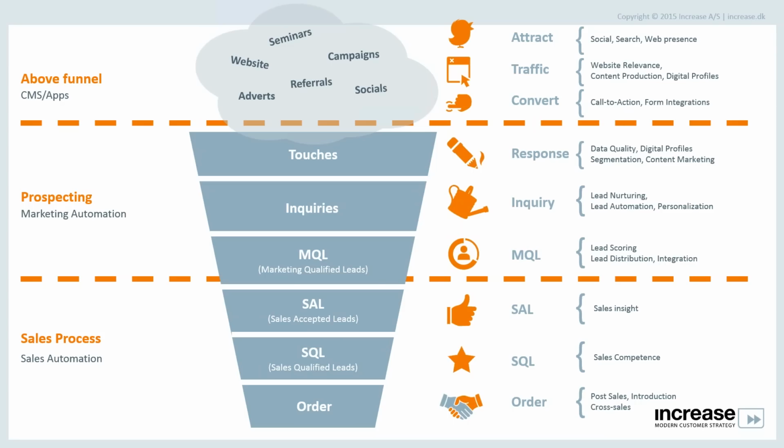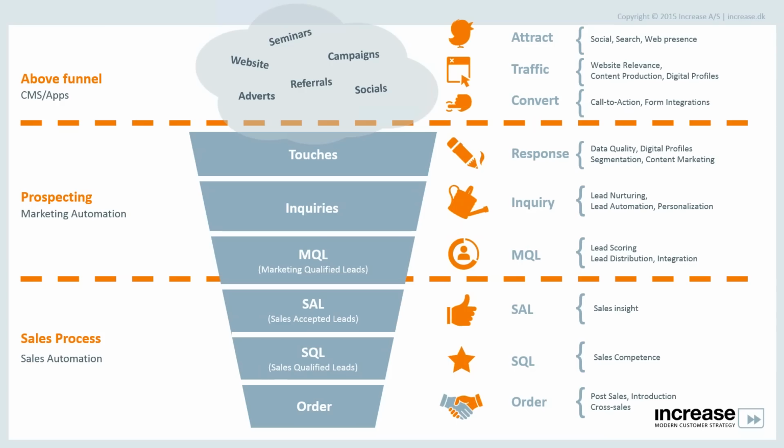You will have something above the funnel, which could be CMS platforms or social platforms. You will need something in the middle, an automation platform to drive the marketing qualification. And at the bottom, you will need a sales automation platform like a CRM system. These platforms will need to be integrated to really make this work.